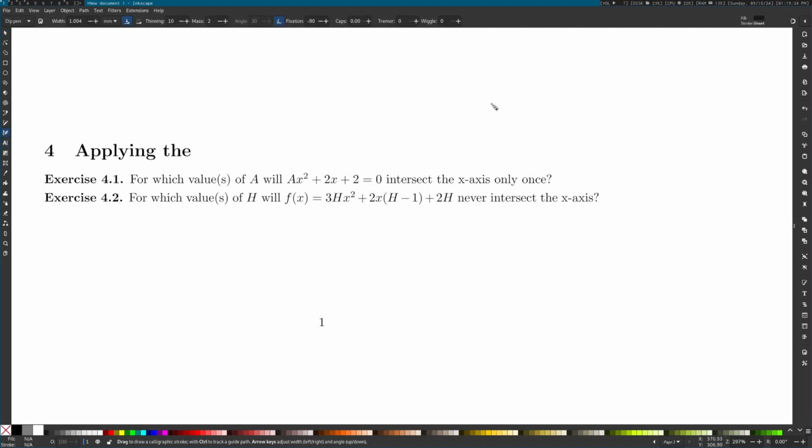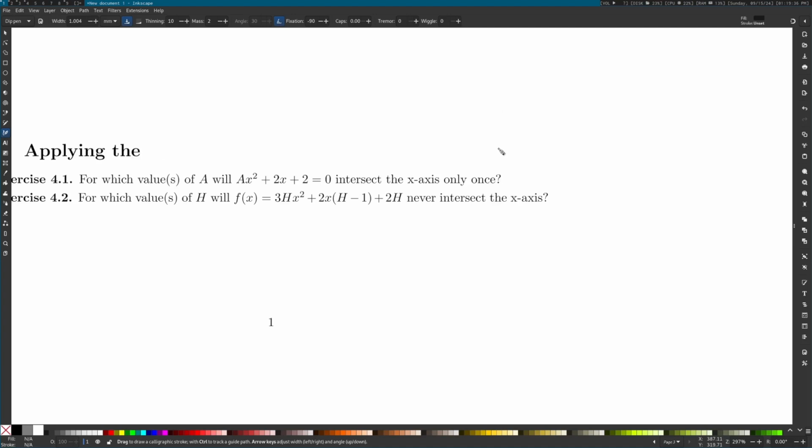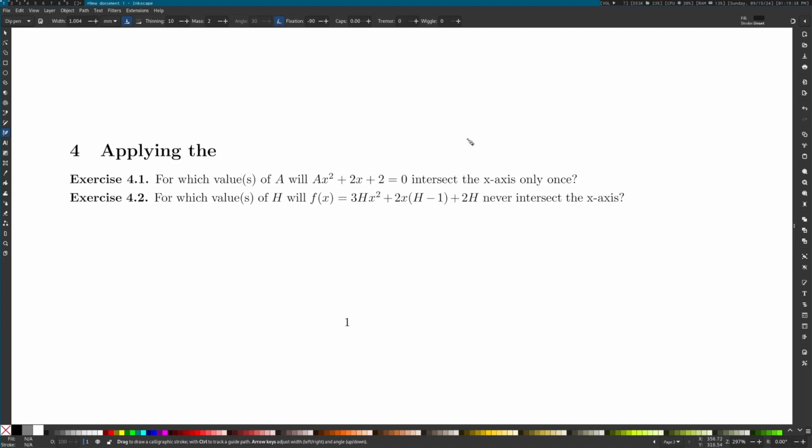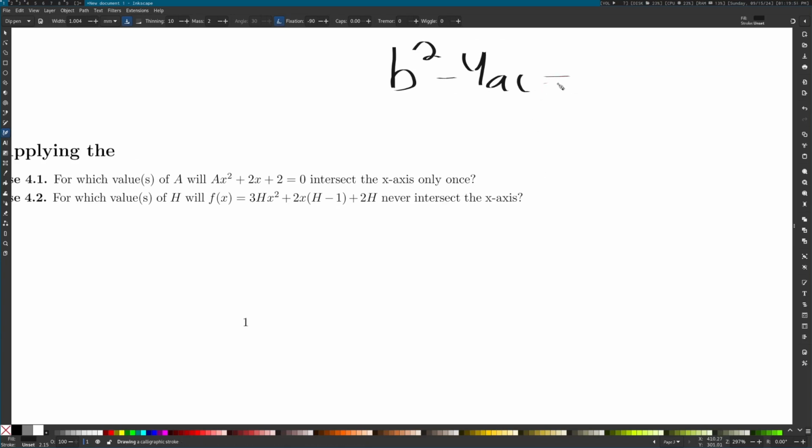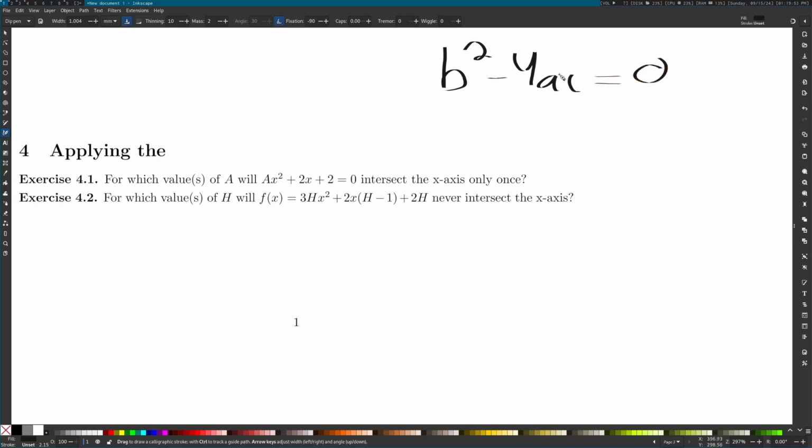You'd use a discriminant, which is what expression? Does someone know it? B squared minus 4ac. Yep, so b squared minus 4ac. And we can intersect the x-axis only once if this is equal to 0. Okay, so let's plug in our terms.